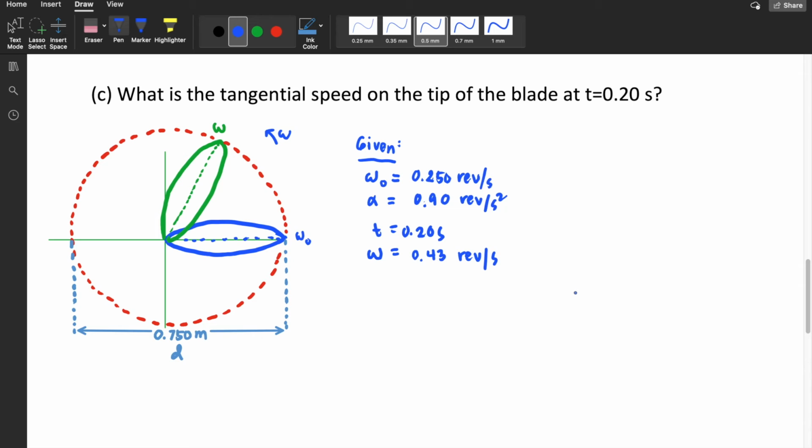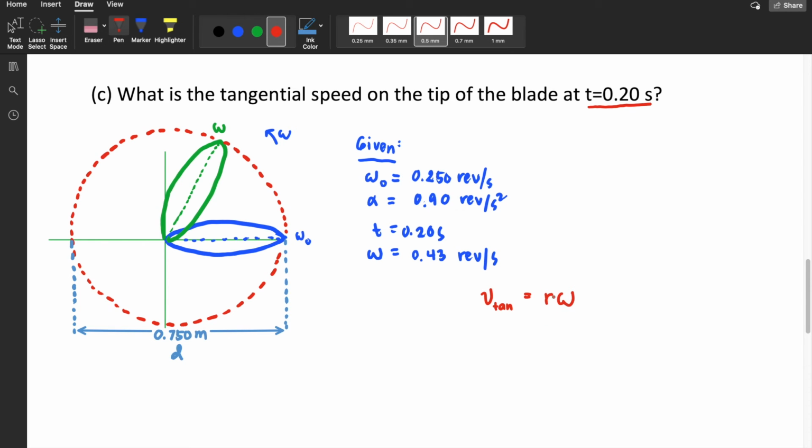Let us see what is the tangential speed on the tip of the blade at 0.20 seconds. So basically, it's asking for the tangential speed of the blade. So at time, it has been specified 0.2 seconds. So basically, the equation for the tangential speed, if you still remember, is simply equal to r radius times omega.